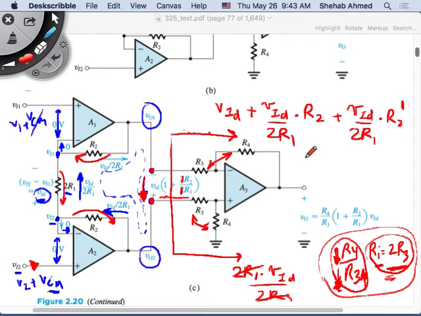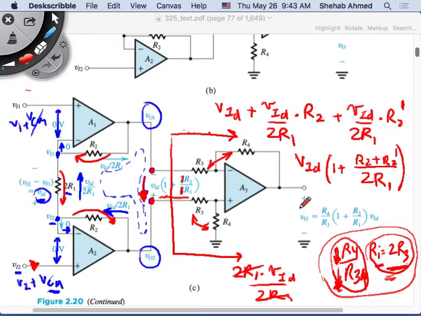So I can write this as VID outside, and then 1 plus, with 2R1 as a common denominator, R2 plus R2 prime. And this is what I see here.